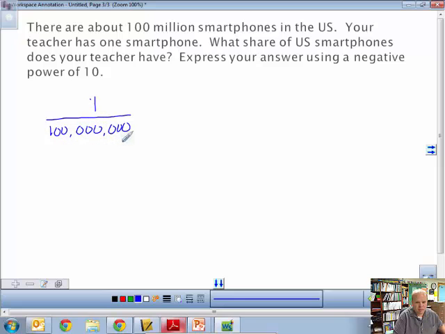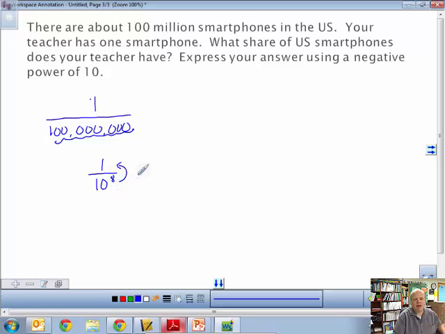If I go to figure out where my decimal's at, it's always at the end. I go 1, 2, 3, 4, 5, 6, 7, 8. I could rewrite this as 1 divided by 10 to the 8th, right? However, it says it wants it using a negative power of 10, so I have to bring this on up.